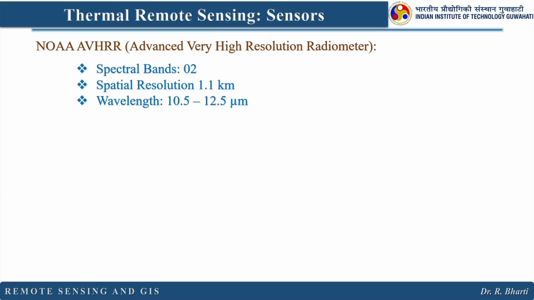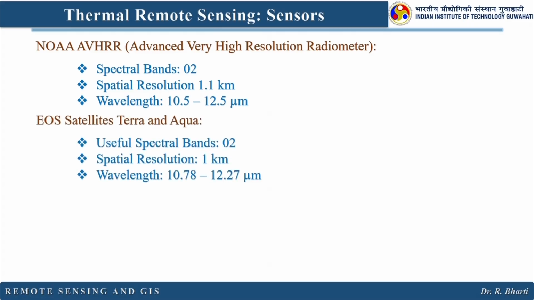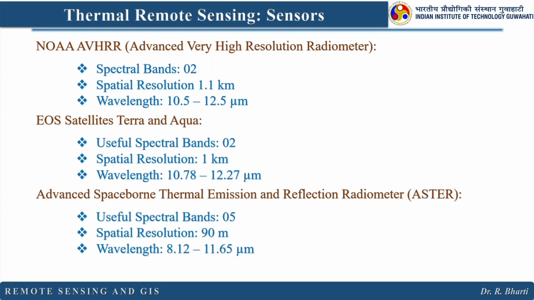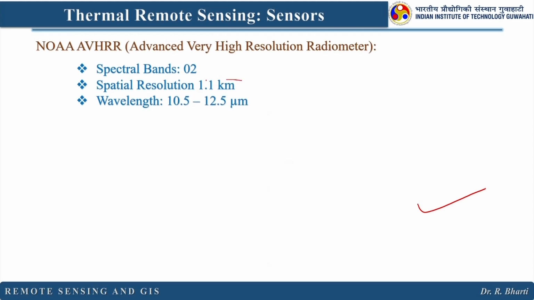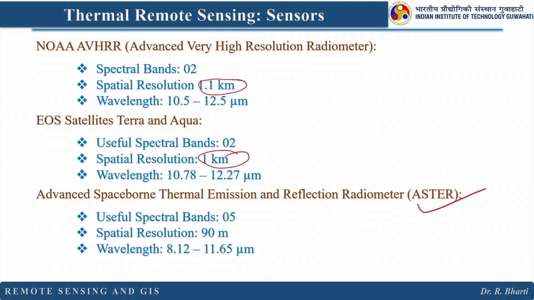Then NOAA AVHRR, then the EOS satellites Terra and Aqua, then the Advanced Spaceborne Thermal Emission and Reflection Radiometer, commonly known as ASTER, right? You can see spatial resolutions of 600 meter, 825 meter, 120 meter, 60 meter, then 1.1 kilometer, 1 kilometer, 90 meters. But we do not have very good spatial resolution in thermal infrared. Why? This is the question you have to think about, right?